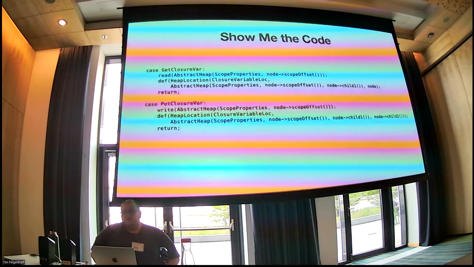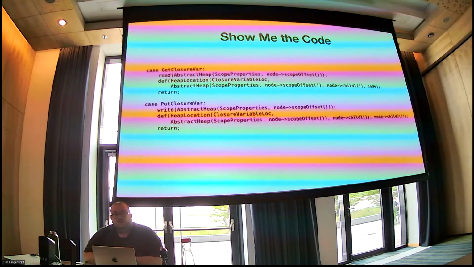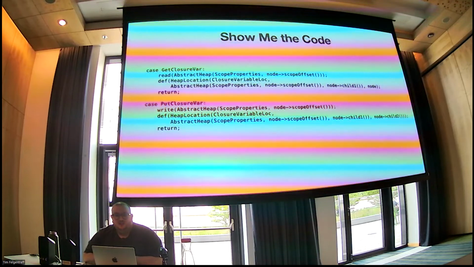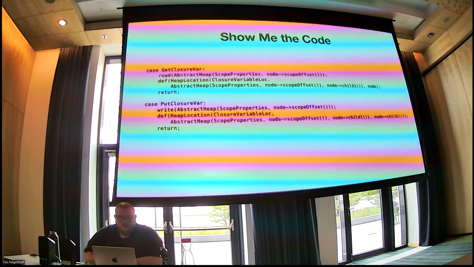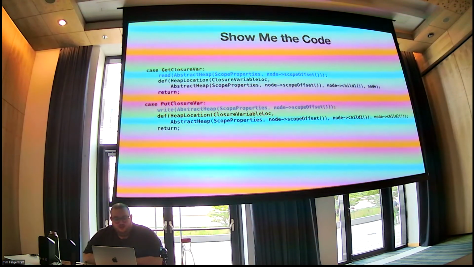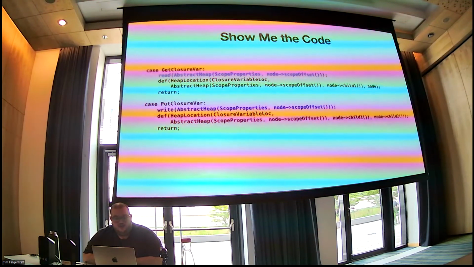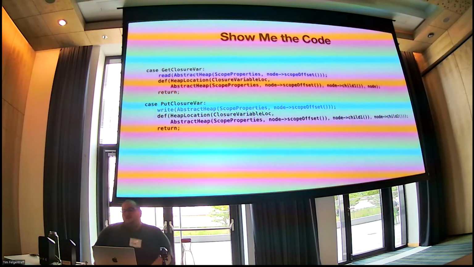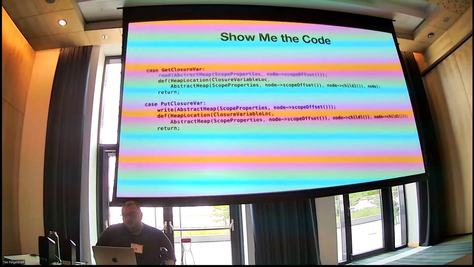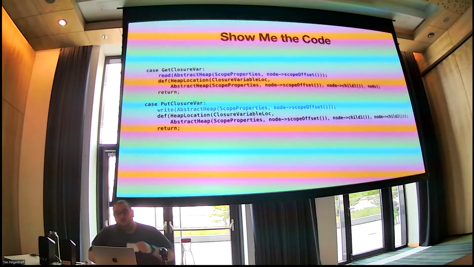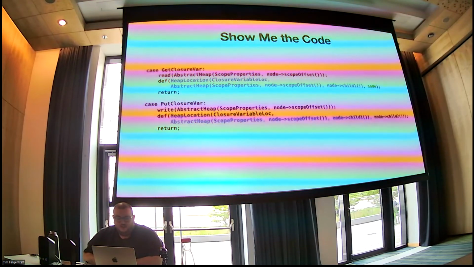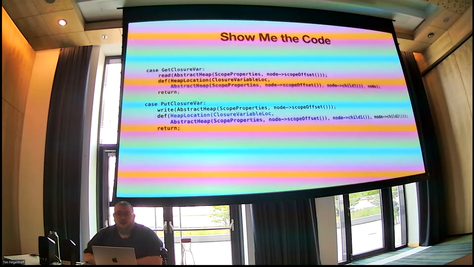And here are nodes for loading and storing closure variables. These are things that we store in a scope object. The interesting bit is your get closure var will read what we call the abstract heap for scope properties. And this scope offset is really a way of encoding the name of the variable you're reading. And for put closure var, we say that we write to that abstract heap. And the cool bit of information is that both of these will actually define the value at that abstract heap.